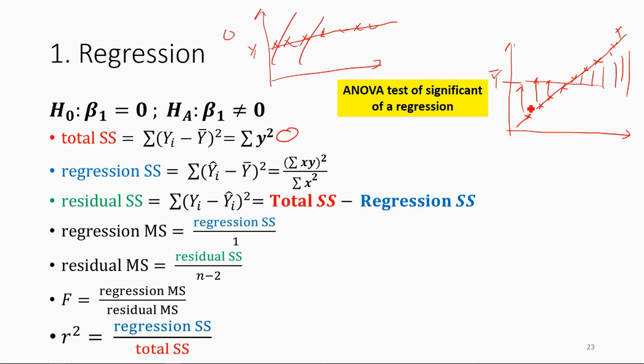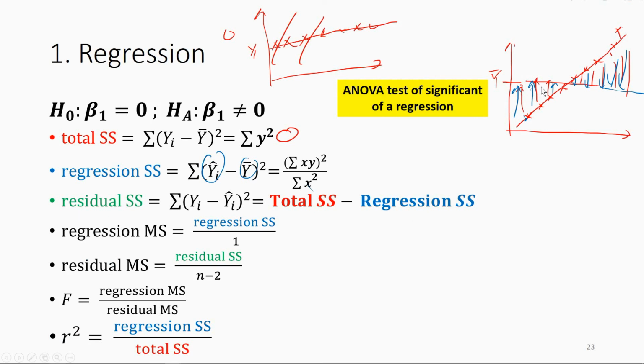After you get the total sum of square, the next thing to calculate is the regression sum of square, which is the difference between the estimate and the mean. Total sum of square minus regression sum of square gives you the residual sum of square.